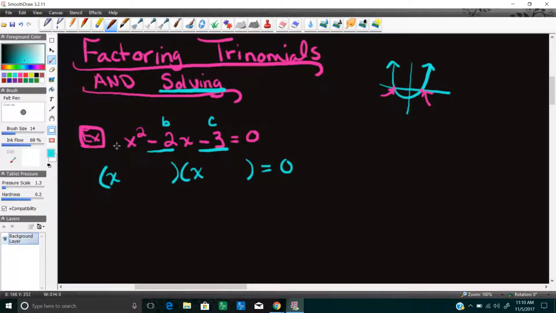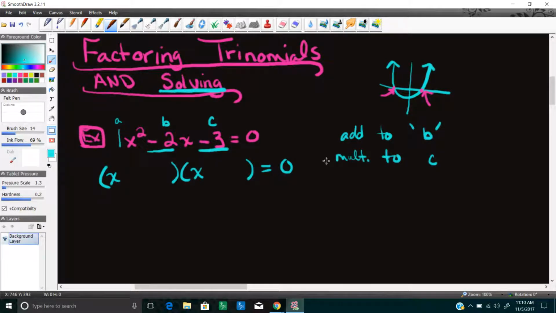If we get to the other level of factoring, we'll talk about that later, but just for the sake of knowledge, a would be 1 here. So the numbers need to add to b and multiply to c.